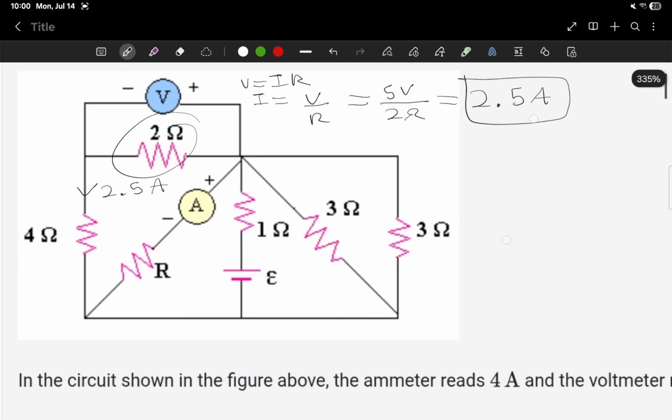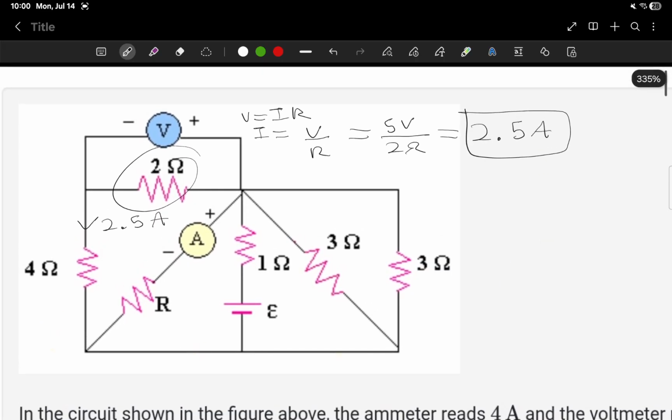Now I need to try to find the voltage on this resistor. And here's why. If I find the voltage on this one, I can add up the voltage of both of these resistors, and that gives me the voltage across this entire branch.